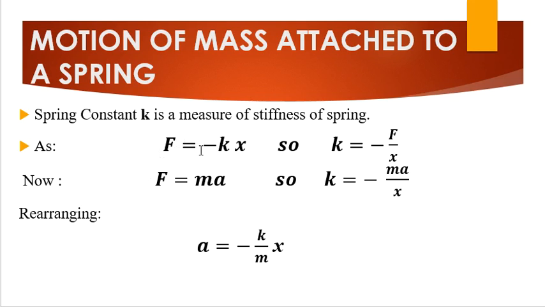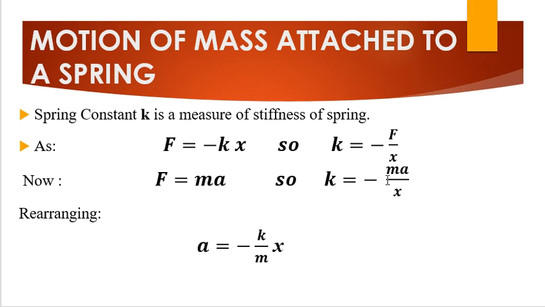As we have discussed so far, F is equal to minus k times x. Just by rearranging this equation, k would be equal to minus F over x. We know the second law of motion, that force is equal to mass times acceleration. Substituting the value of force here, k equals minus ma over x.